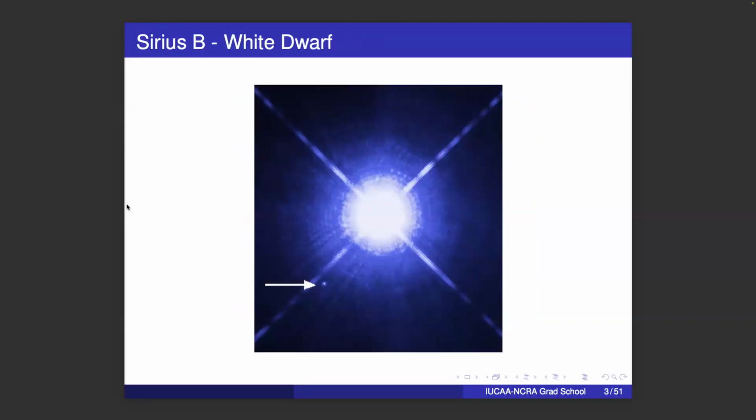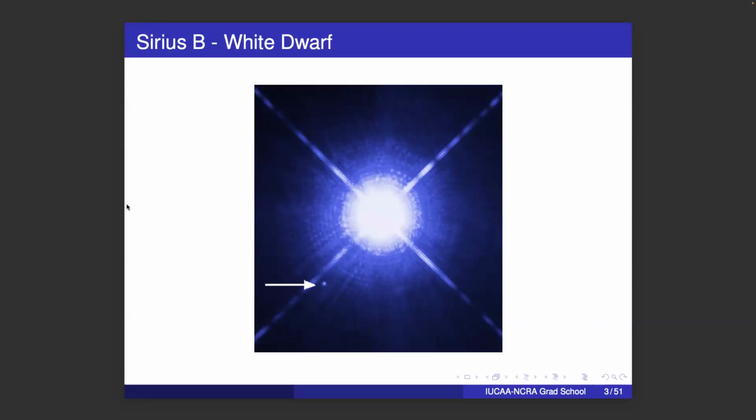Now, coming back to our discussion on white dwarfs. We said last time that one of the ways of direct detection was to just take an image. One can take an image of a white dwarf directly. This is a white dwarf around the brightest star in the sky, Sirius.